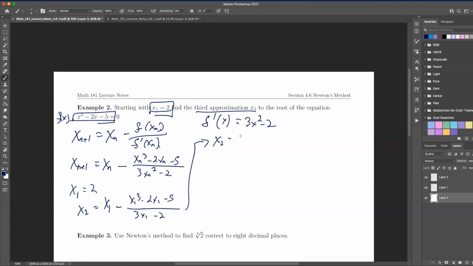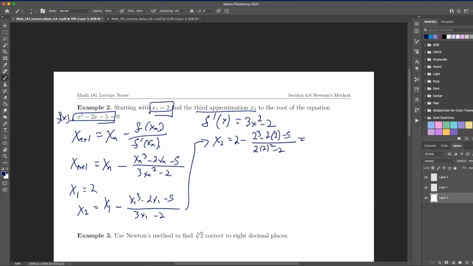So we just get 2 minus (2 cubed minus 2 times 2 minus 5) all over (3 times 2 squared minus 2). So everywhere I just say x1, I'm just plugging in 2. That's all I did from here to here. Let me just crunch this through.